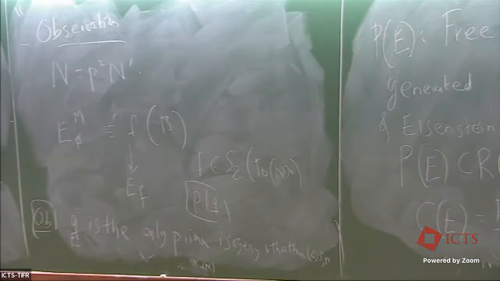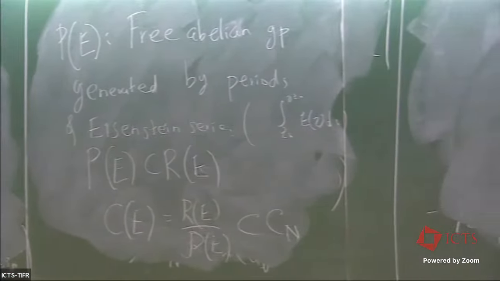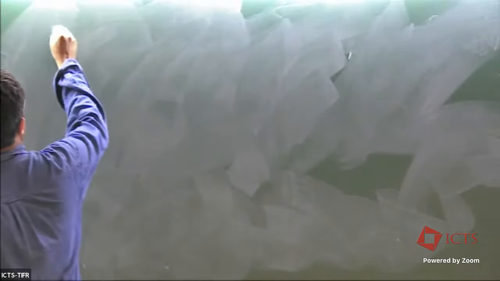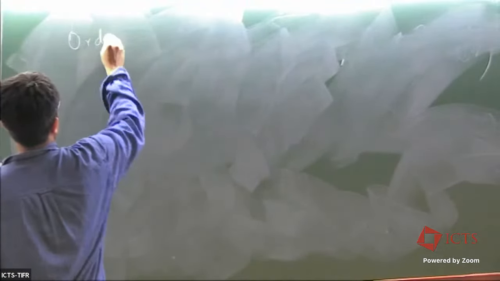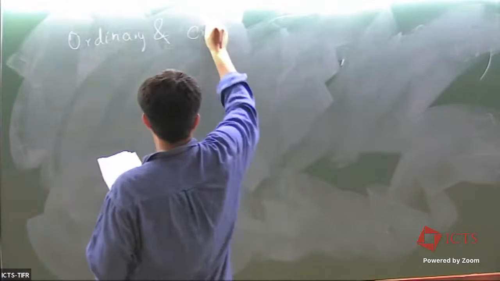Okay, so while doing this for arbitrary n, what you have to do is that you have a good control on an Eisenstein series, and you take this critical refinement.